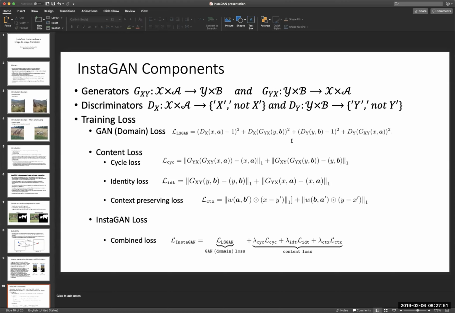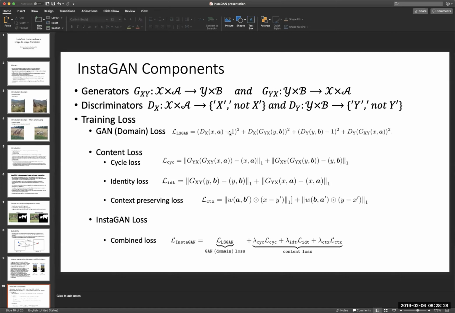The first 2 terms are for the input domain, the X domain, and the second 2 terms are for the Y domain, the output domain. And so the first term, if DX discriminated perfectly, it would produce a 1 for data in X. So that means if it worked perfectly, DX would be a 1.